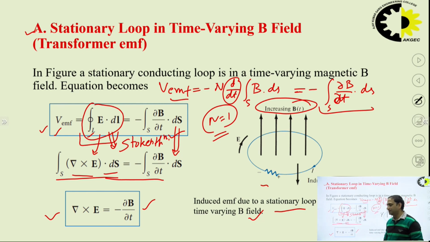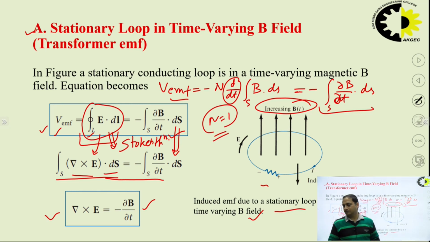If B is constant, a static field, then del upon del T of B will be 0, and again del cross E will be equal to 0. Because we are taking the time varying B field, del cross E is equal to minus del B upon del T. So this is Maxwell's equation.